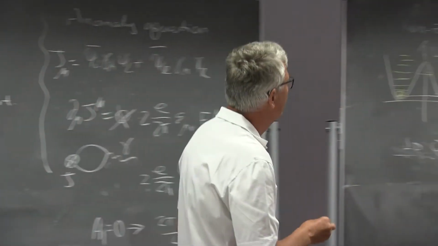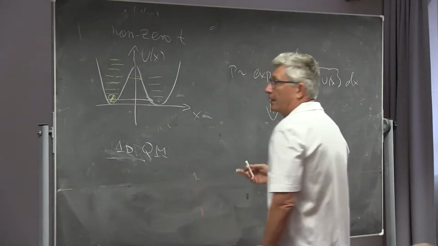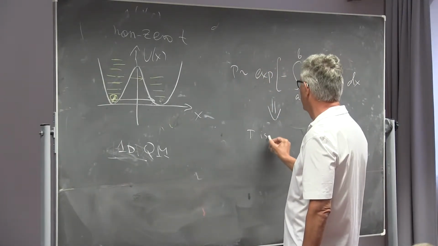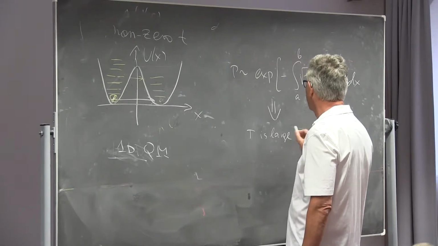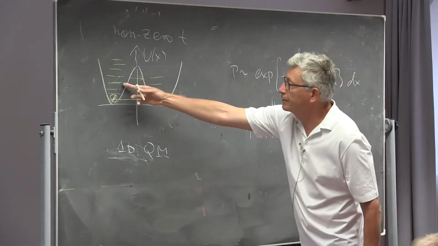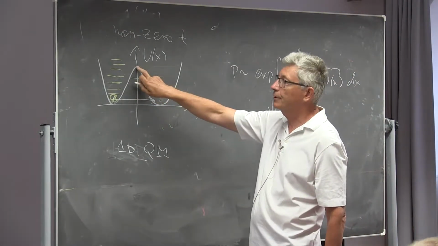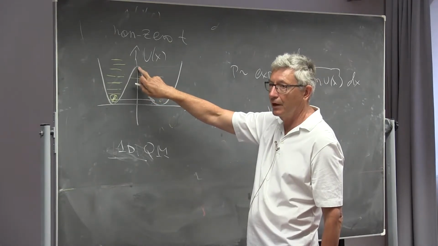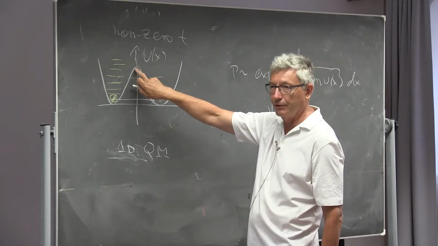And if the temperature is sufficiently large, then the probability of going from here to here will be just associated with the population of the energy levels around the barrier height.